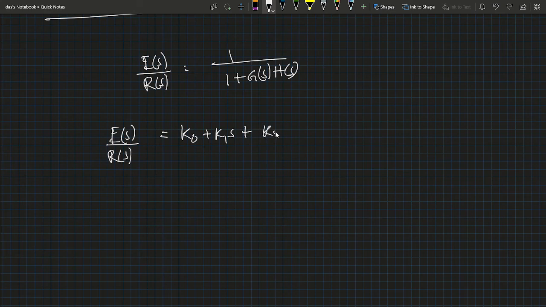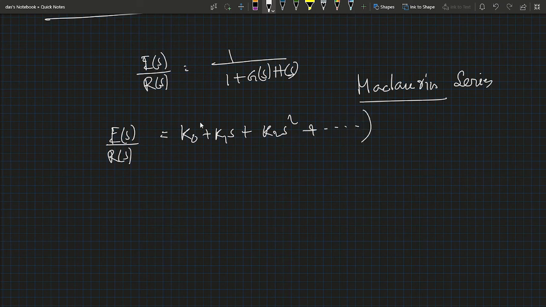Why is this Maclaurin series considered? The spelling is Maclaurin, M-A-C-L-A-U-R-I-N. But why consider this series type formula? Because there is a system where a pole exists. That's why, besides the DC gain, there is 1 pole, 2 poles, 3 poles and so on, so we consider this type of expression.